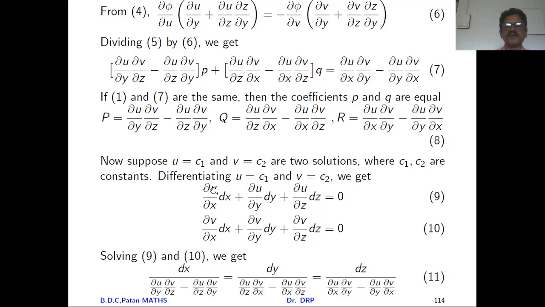Here this is a11, this is a12, this is a13, this is a21, this is a22, a23, and instead of x, y, z, we have variables dx, dy, dz.